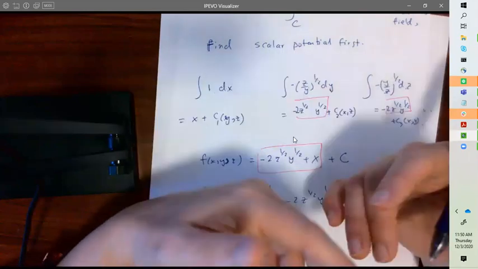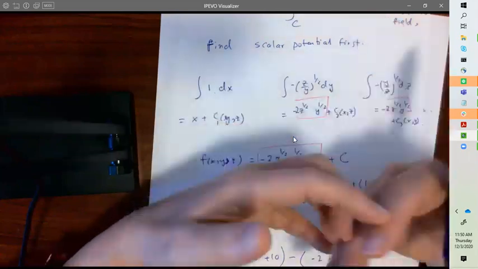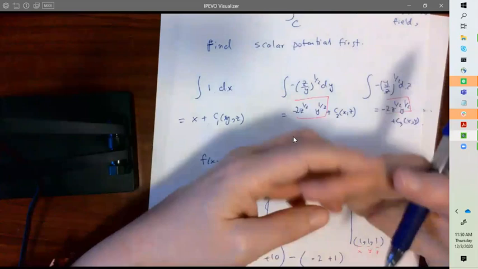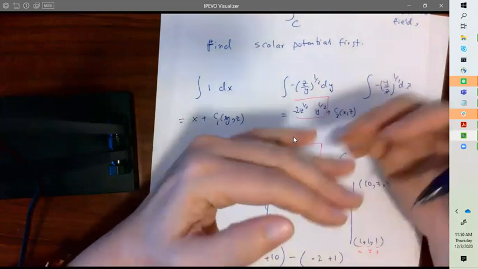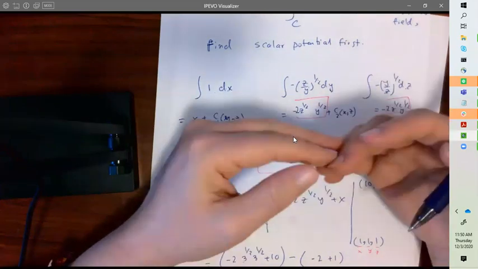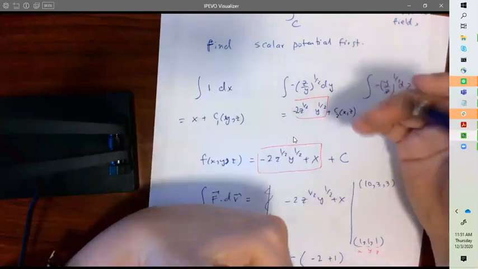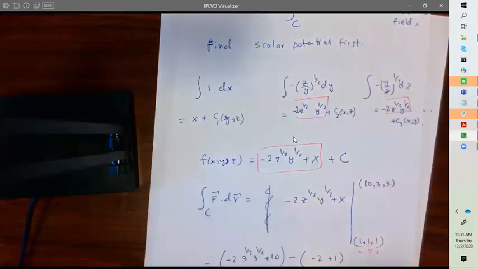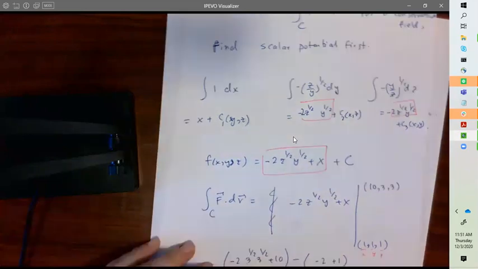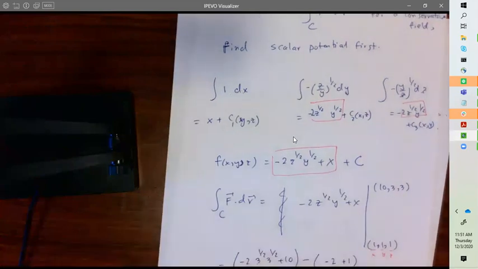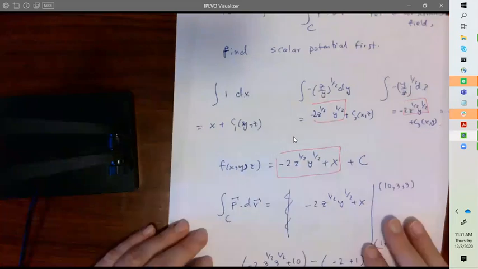When is it path independent? When it's conservative, basically. And so that's why I checked the curl. That's why I found the potential. And that's why I used the potential to find the line integral. Because I couldn't have done it any other way. It would not have made sense, basically. Because if the question is suggesting that it's path independent, it has to be conservative.